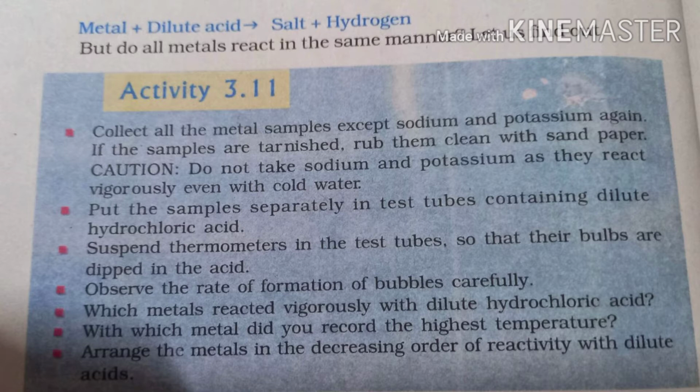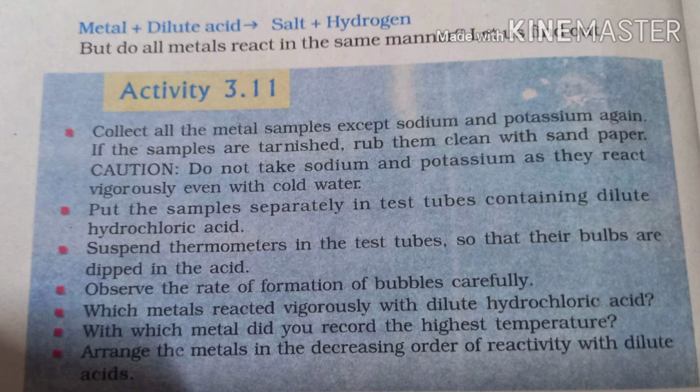So when we are discussing the activity experiment, sodium and potassium will not be taken. We will discuss how metals like aluminium, zinc, magnesium, and iron react with the acid. So we can put these samples of metals separately in test tubes containing dilute hydrochloric acid.